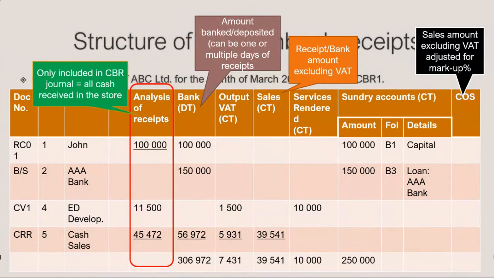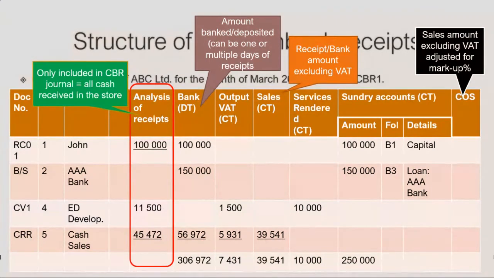Now, as you can remember from class last week, that would be money that's directly deposited into the bank, would not have an analysis of receipts like shown on the second line item. And then the fourth line item where we had the 56,000. That was a combination of day 4 and day 5's analysis of receipts that was received in the store, but we only went and banked it on the 5th. Okay, so that is important to remember how to use those two columns.